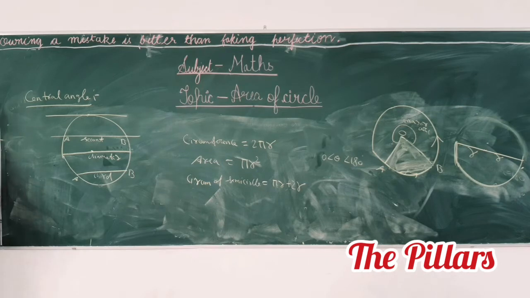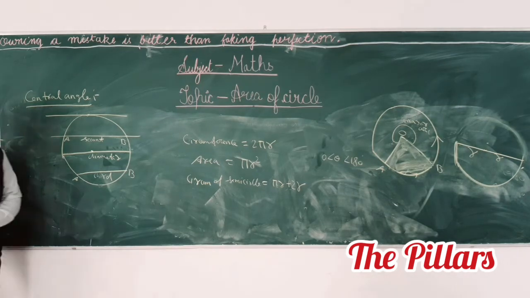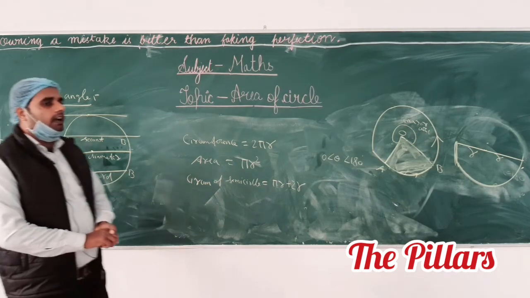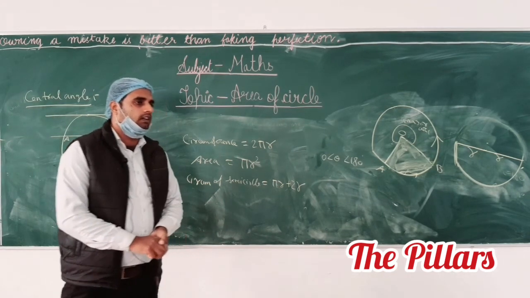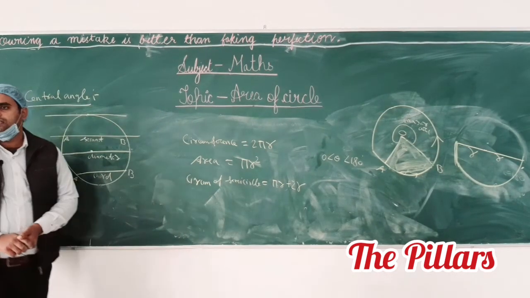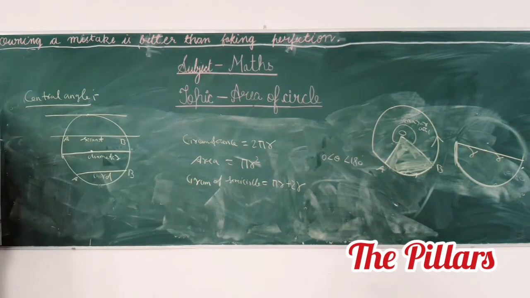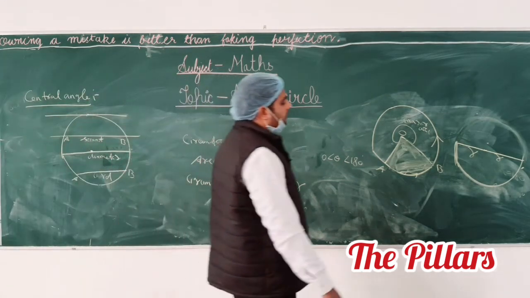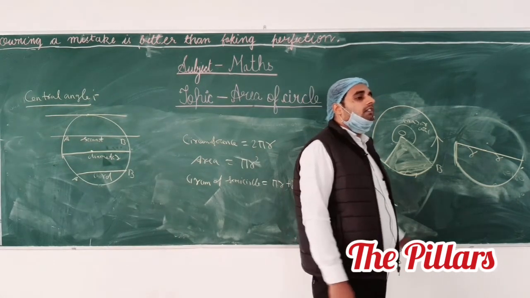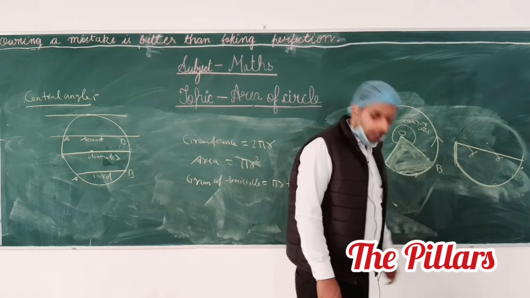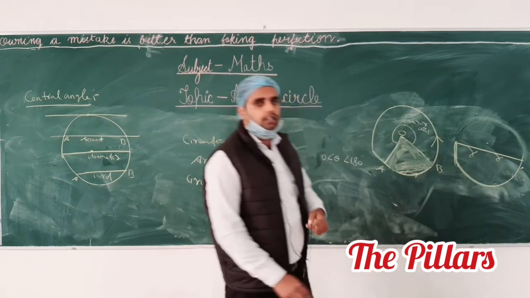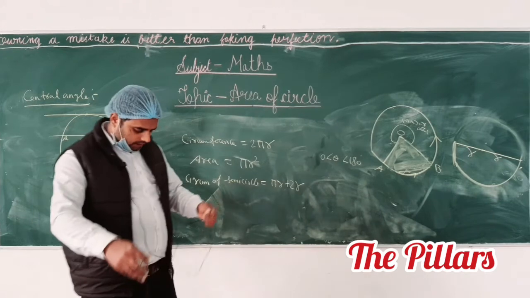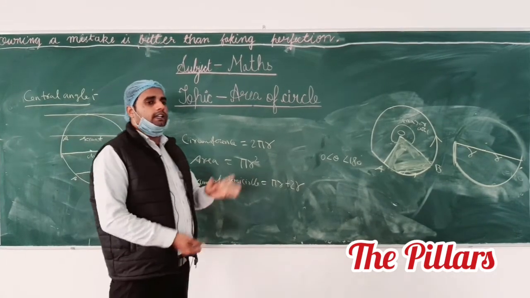An angle subtended by an arc at the center of a circle is called a central angle. Till here, does anyone have a problem?